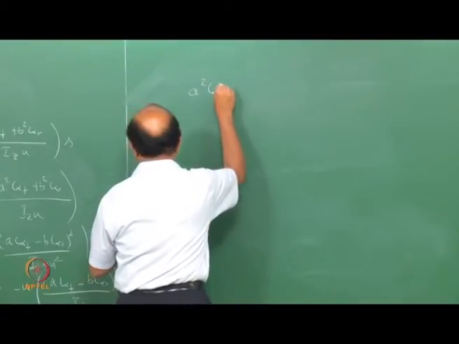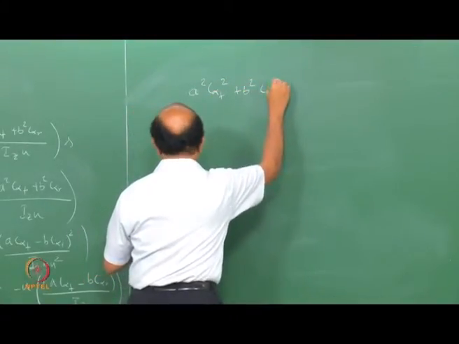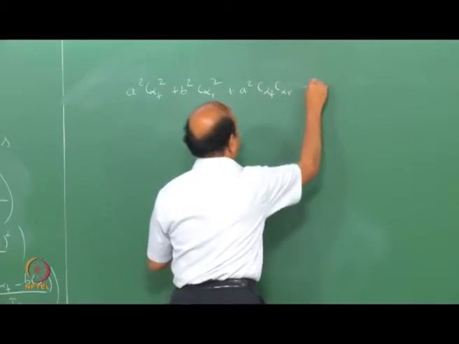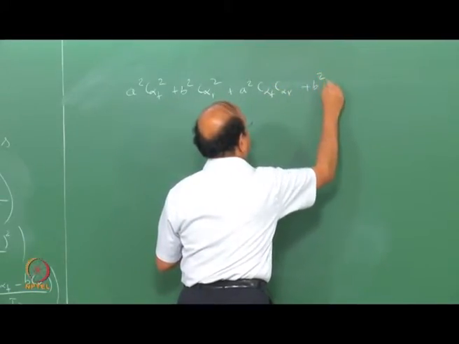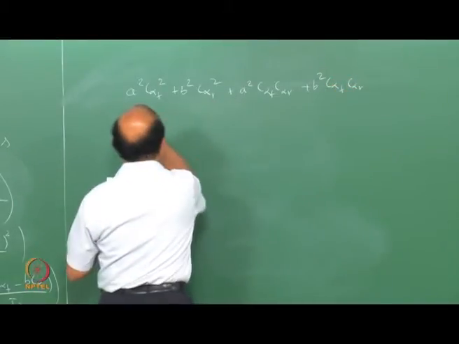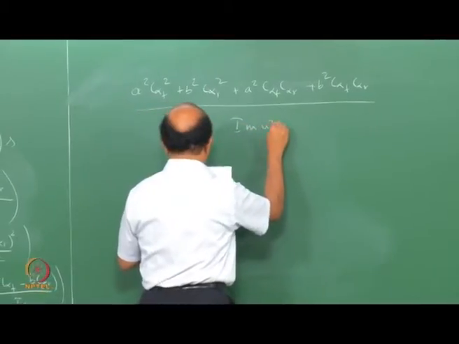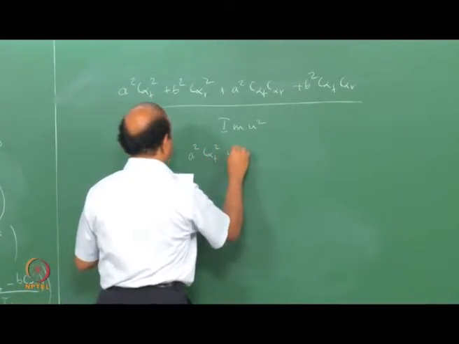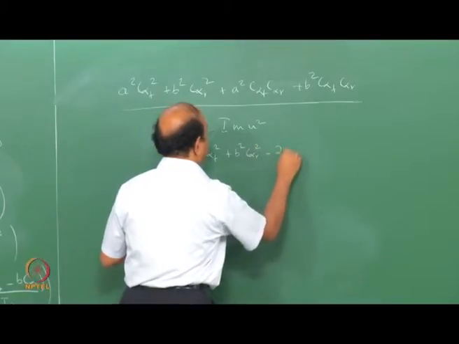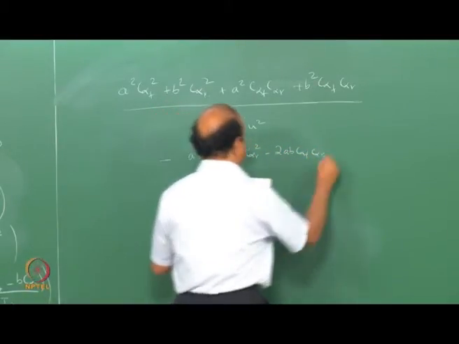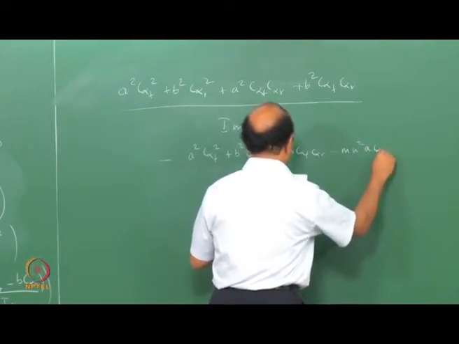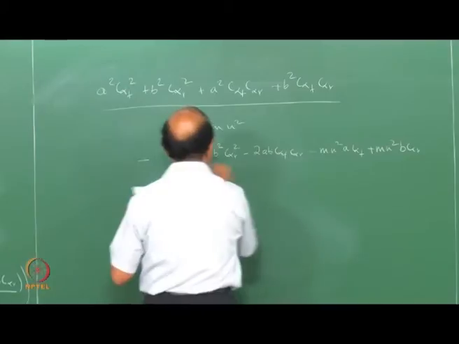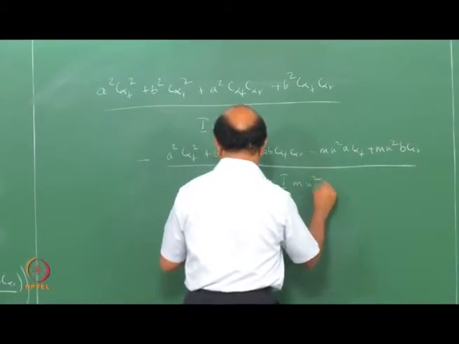So a squared C alpha f squared plus b squared C alpha f C alpha r divided by Iz m u squared, minus a squared C alpha f squared plus b squared C alpha r squared minus 2ab C alpha f C alpha r, minus m u squared a C alpha f plus m u squared b C alpha r, whole thing divided by Iz m u squared.